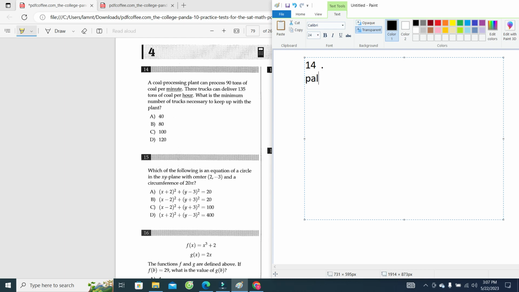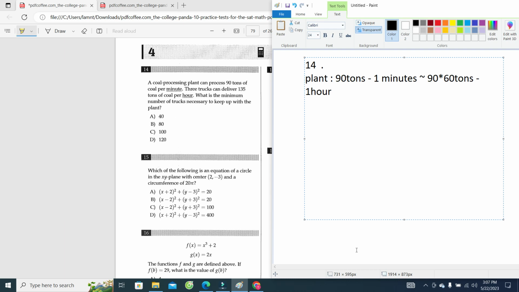So here we have that the processing plant can make 90 tons per 1 minute. So this is equivalent to how many? 90 times 60 tons per hour, right?